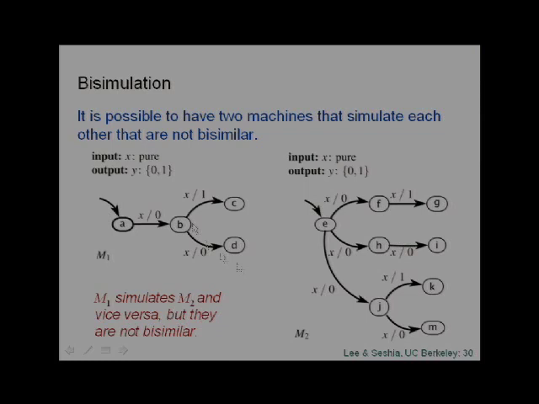So let me just summarize by making the relation between simulation and trace containment. We talked earlier that we have these three notions of equivalence, right? Type equivalence, language equivalence, and bisimulation. And we have the same kinds of relation between trace containment, which is weaker than equivalence, and simulation.